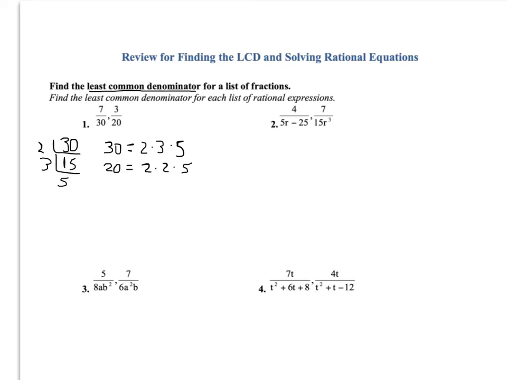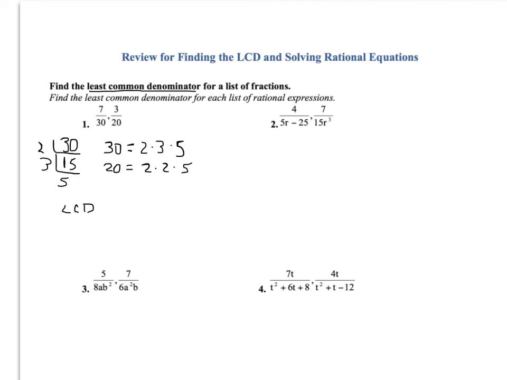Now, to find the LCD, I have to use at least one of every different factor that occurs. So if I look at this factorization, I see 2's and 3's and 5's. But I notice that I have 2's in more than one place. 2 is a factor in 30. 2 is also a factor in 20.